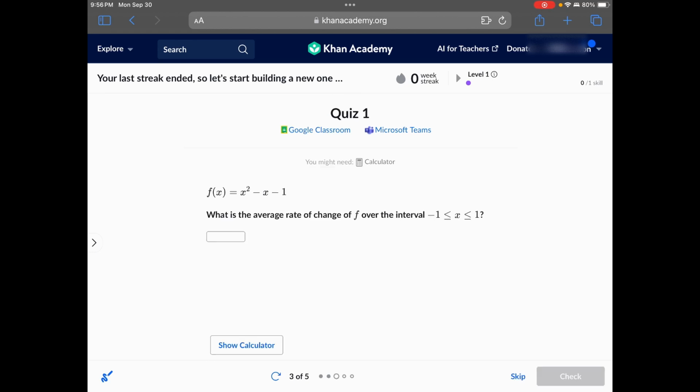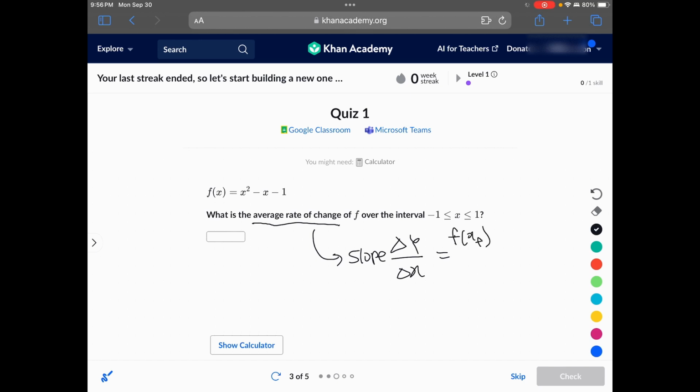What is the average rate of change of f over the interval -1 to 1? So average rate of change is actually called a slope, which is delta y over delta x, and this can also be formed as f(x) final value subtract f(x) initial value over x's final subtract x's initial.